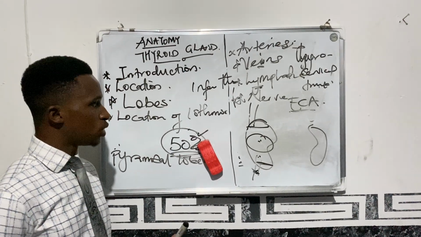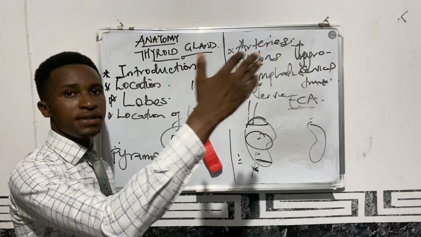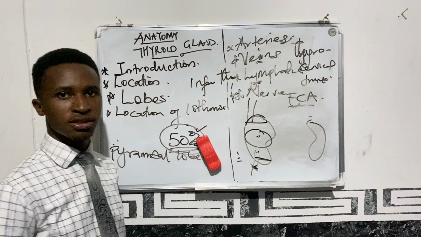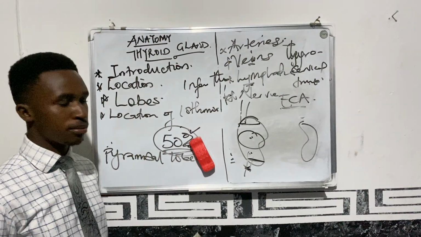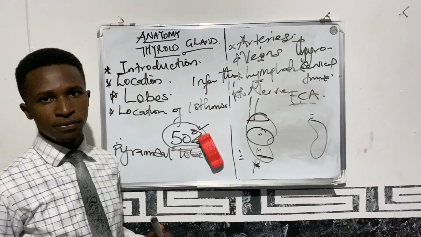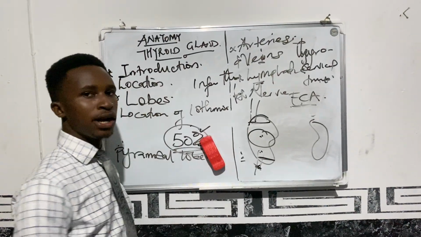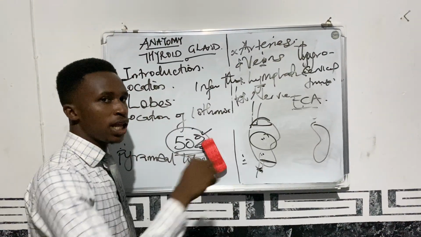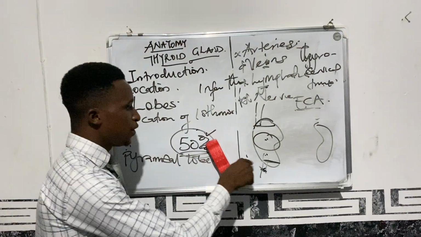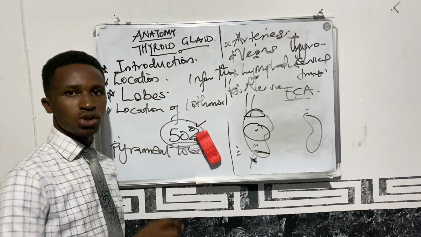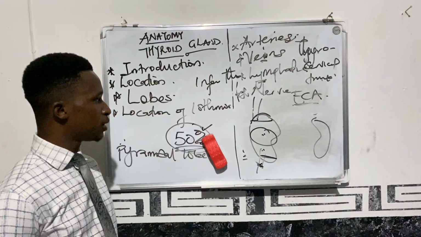Just as you know, these veins drain to larger veins. So you may ask this in your exam. The superior thyroid vein and the middle thyroid vein drain into what large vein? The inferior thyroid vein drains into what large vein? Please remember this.